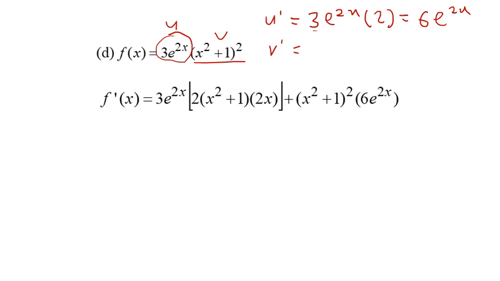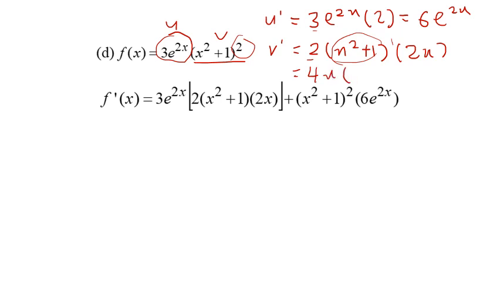For v prime, remember we have a square outside, so we put 2 at the front, and the power becomes 1. Then we differentiate inside: x squared plus 1 gives 2x. Multiplying 2x and 2, we get 4x times x squared plus 1. So that's u prime and v prime. As you can see below, we put u prime and v prime into the formula directly.